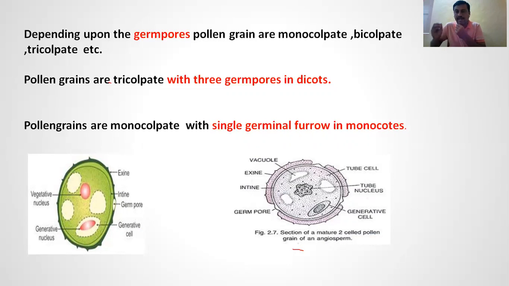A few dicot plants develop bicolpate grains, but very rarely. Maximum dicot plants are tricolpate. In monocots only one germ pore is present, but it is germinal furrow-like, only a crack, and it is called monocolpate.